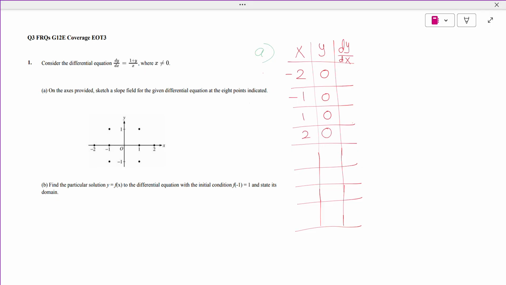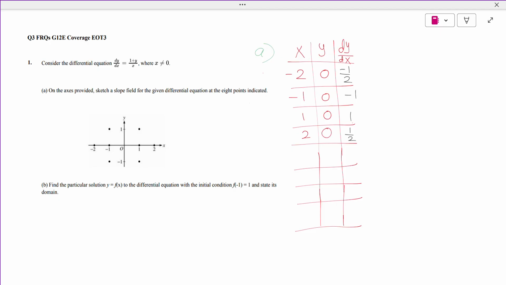So what is the corresponding slope value for each point? Well, the first one, if we plug in negative 2 and 0, we will get negative half, so the slope is negative. Negative 1 and 0, that is equal to what? Negative 1, right? And 1 and 0 is 1, and 2 and 0 would be half, 1 over 2.